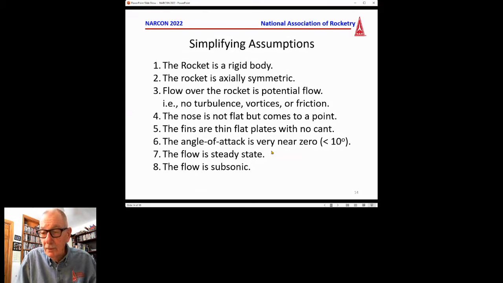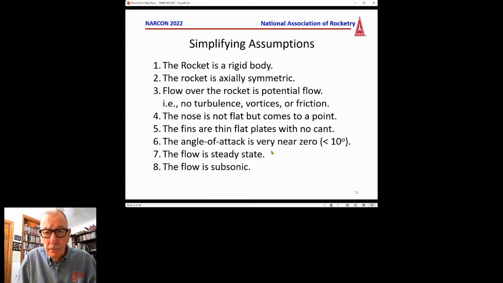You have tabs on the side for launch guidance, that's probably not a big deal. You can probably go pretty far without violating that assumption badly enough. What it means is, as I said about the rigid body, the further away from actually symmetric you get, the larger static margin you should be using.